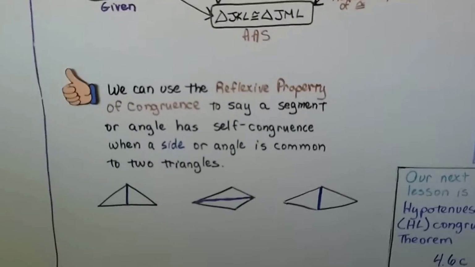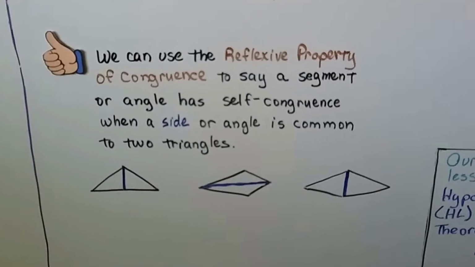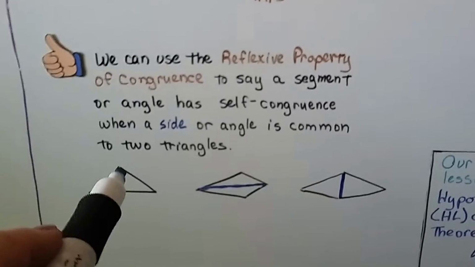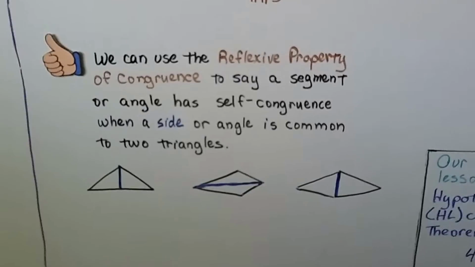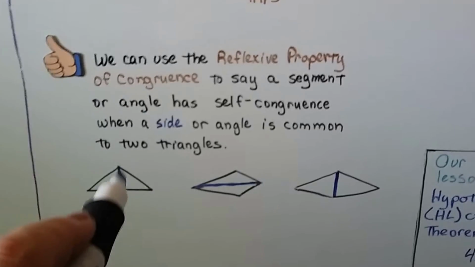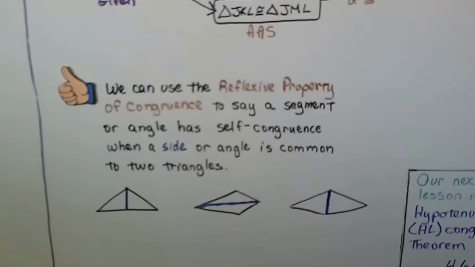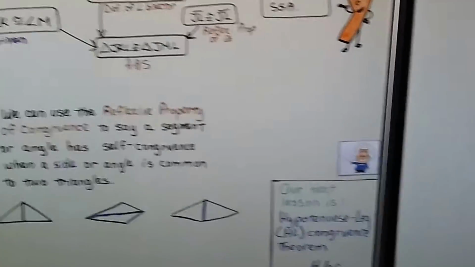So we can use the reflexive property of congruence to say a segment or angle has self-congruence when a side or angle is common to two triangles. So when you see they're sharing a side, we can use reflexive property, okay? Because it's self-congruence. This triangle is using this side and this triangle is using this side, so we say that it's congruent like that, see?